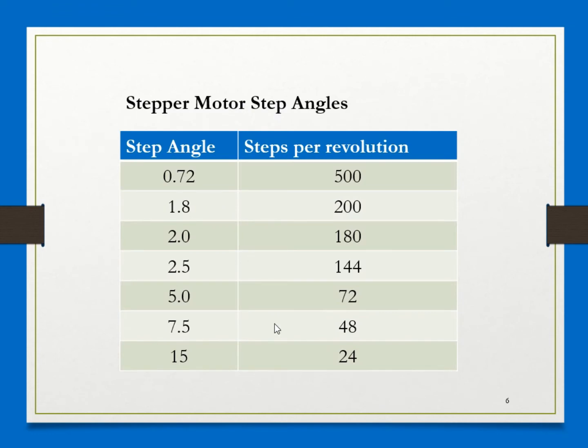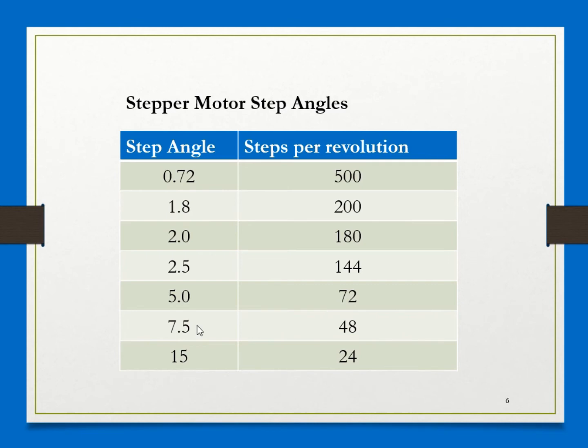This table shows the different step angles and steps per revolution. So the smaller the step angle, the more steps you need to complete one revolution. That is the main significance or the application of stepper motor. You can have the step angle as small as 0.72 and go up to say 90 degrees. Here the table shows from 15, you can go up to 90 degrees.